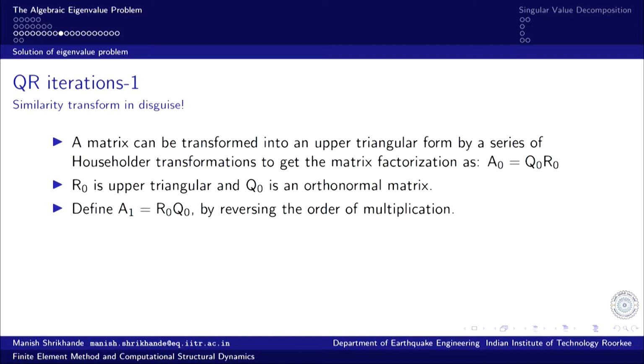It is very efficient to convert a given matrix to upper triangular matrix by using Householder transformation, and that sequential accumulation of the transformation is what we call the transformation matrix that is related to Q. So, R 0 is upper triangular and Q 0 is an orthonormal matrix, and this orthonormal matrix is related to the Householder transformations gradually.